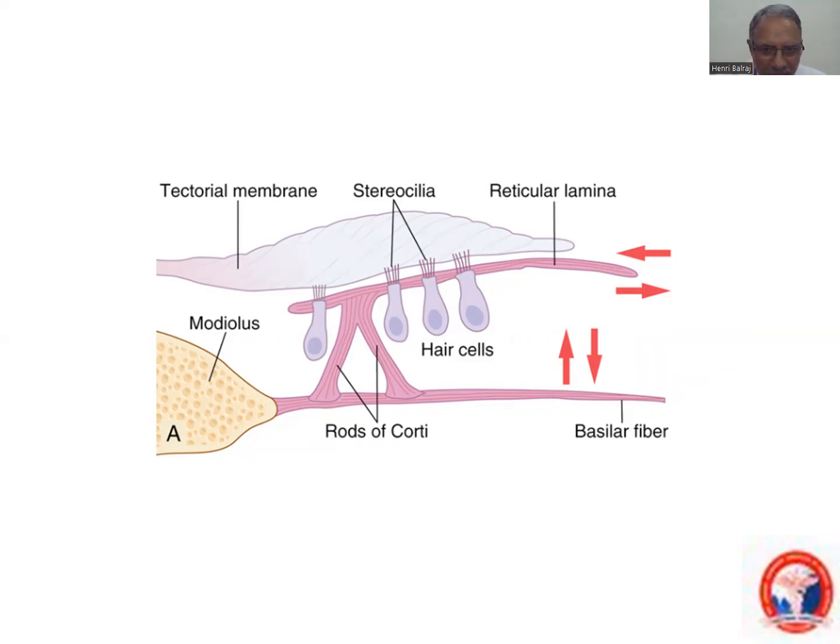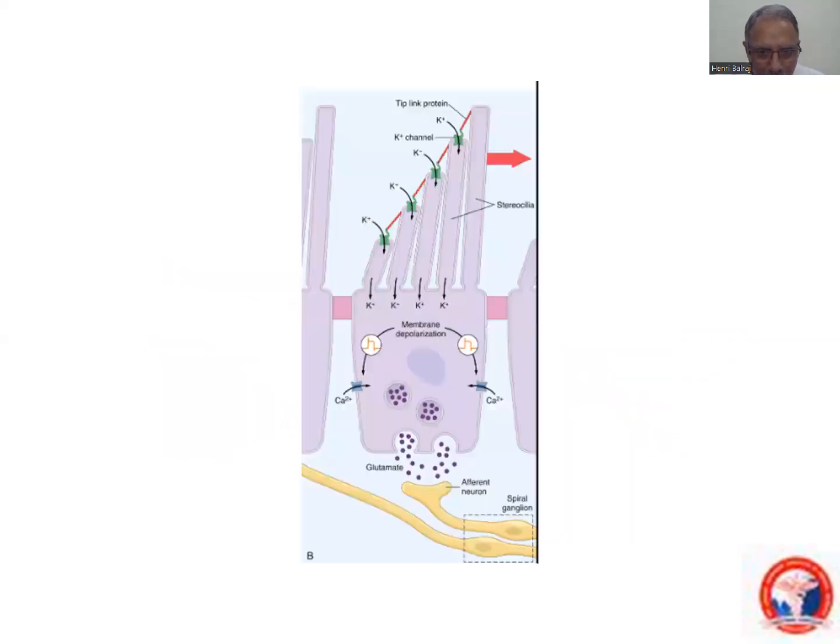These are the rods of Corti. This is the modiolus. This is the stereocilia, which has what's called the tip link protein. It's the red one, and it passes through the tip of the stereocilia, and this link protein connects the potassium channels in the tip of the stereocilia.